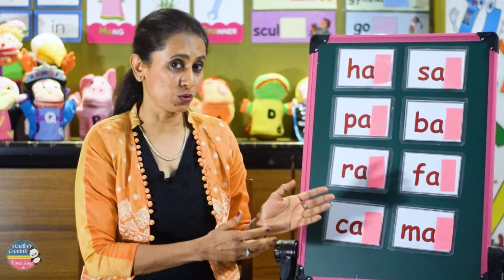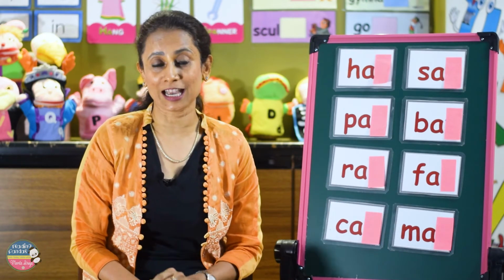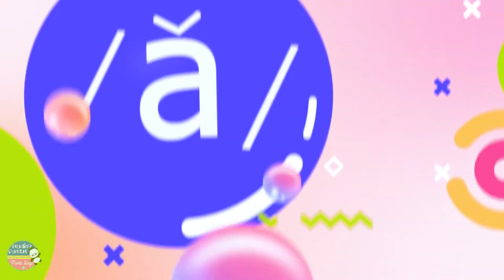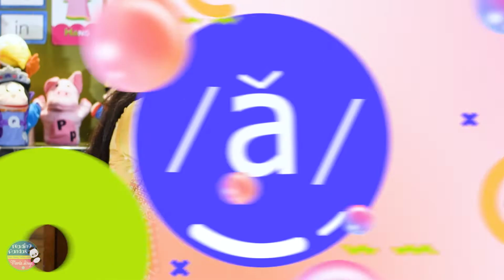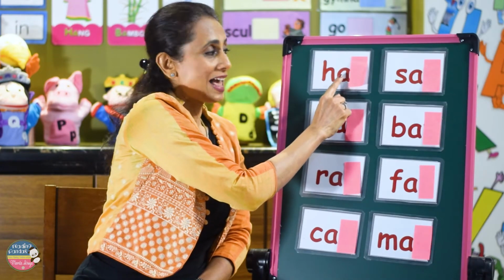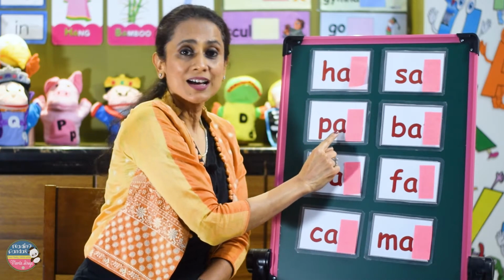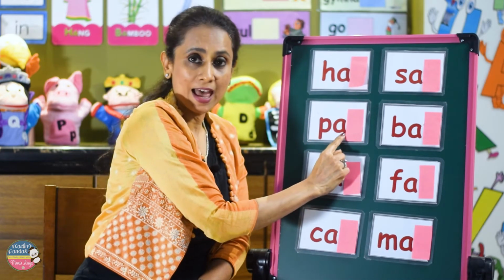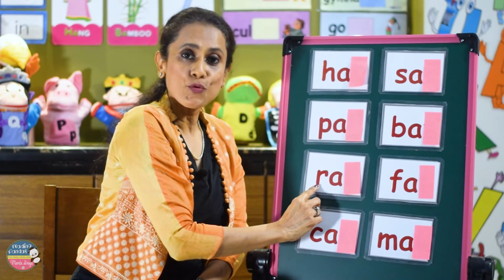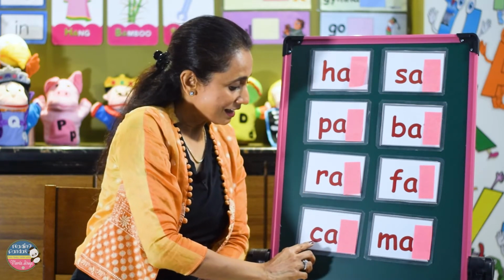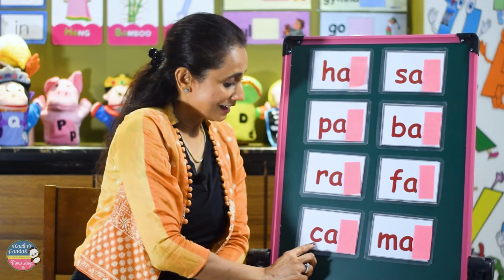So now before I teach you how to blend, let's revise again that the short vowel sound for letter A is A. And now let's begin. H, A, ha, P, A, pa, R, A, ra, K, A, ka.